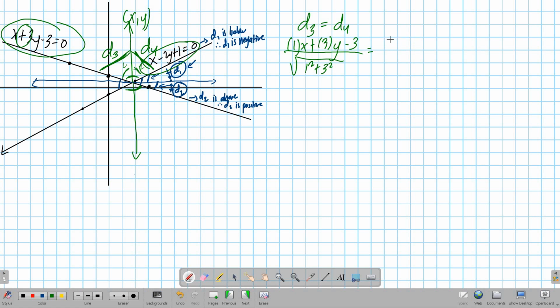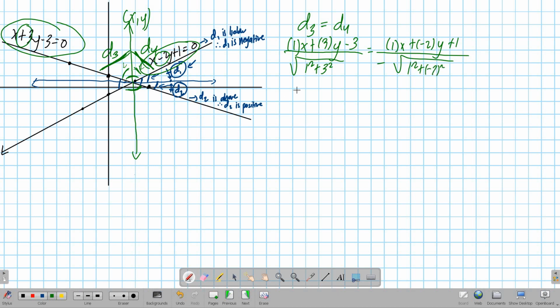So therefore, I'm going to have 1 times x plus negative 2 times y plus 1 all over, since negative ito, negative square root of 1 squared plus negative 2 squared.